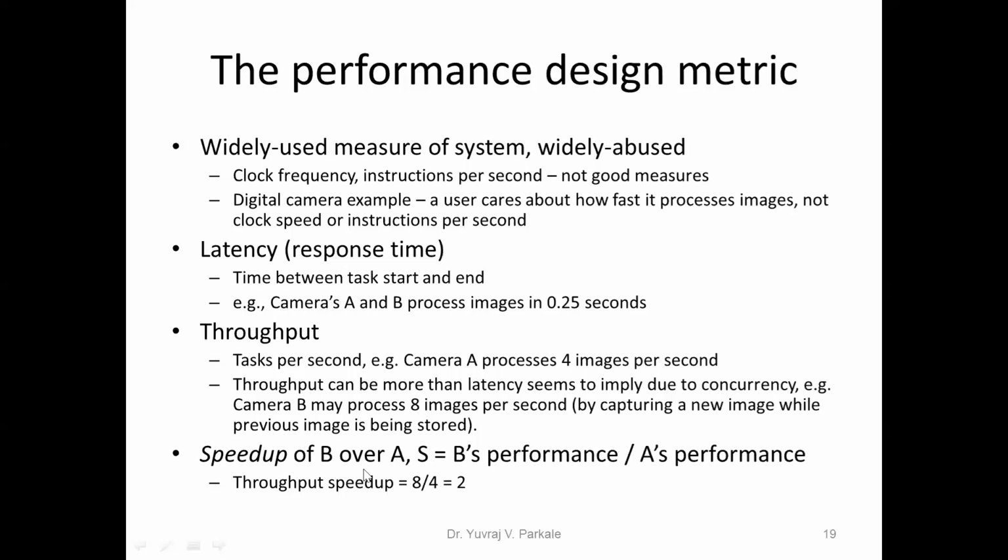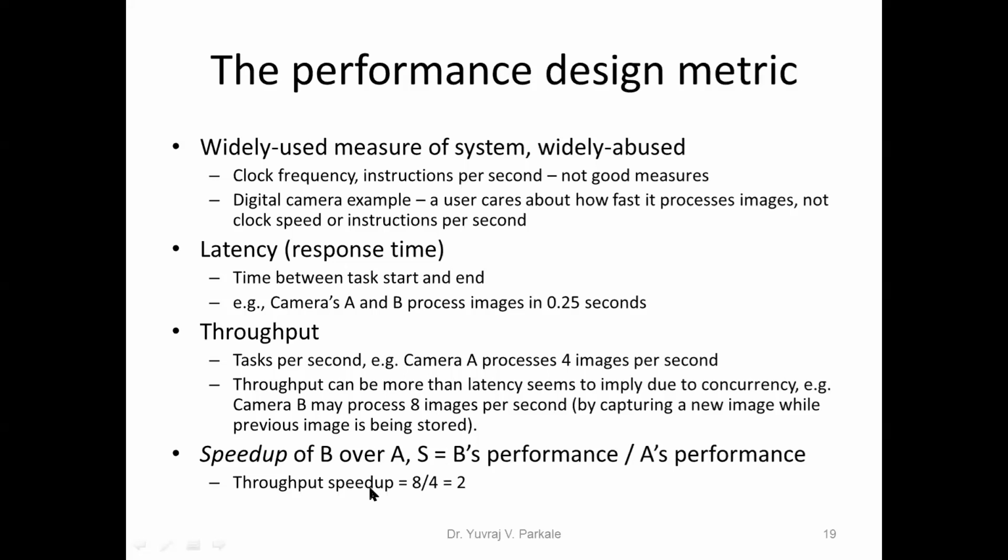The speed up of camera B over A is found using a simple formula: S equals B's performance divided by A's performance. B's performance is 8 images, A's performance is 4 images. So 8 by 4 equals 2. That is called the throughput speed up.